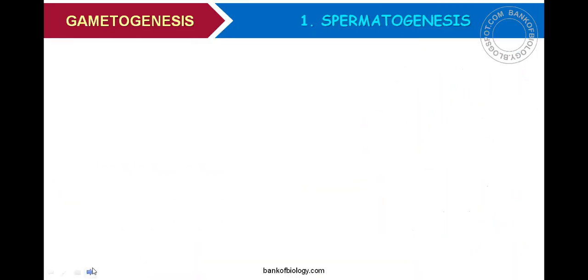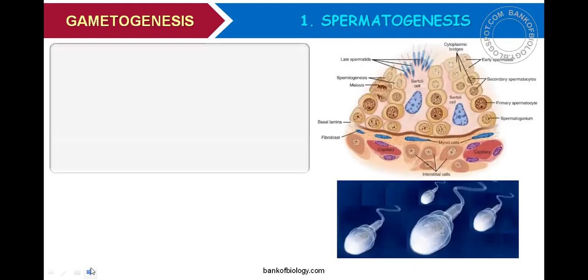So let me ask you the questions here. What is primary spermatocyte? Diploid or haploid? You need to answer. Primary spermatocyte, diploid or haploid? Very good. Let's ask one by one.